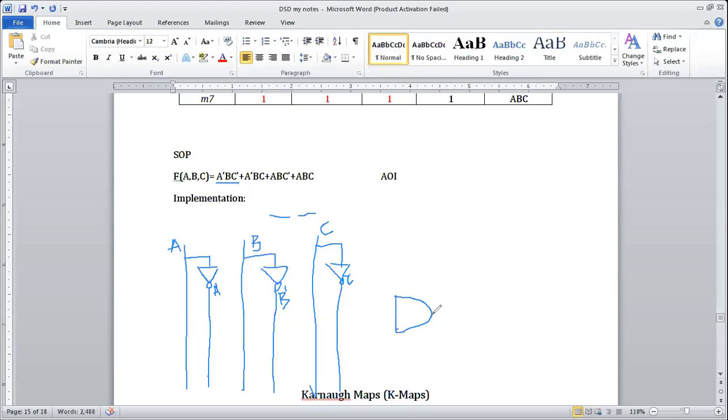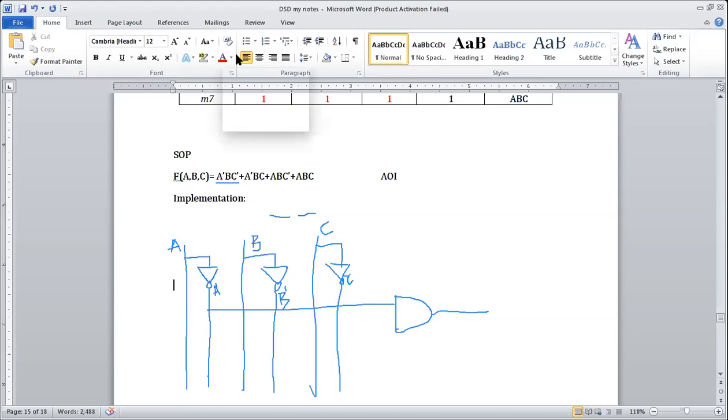So this is an AND gate, okay, output. Then what are the three inputs for this AND gate? A bar. I have to take this wire, the output of the NOT gate, so A bar.